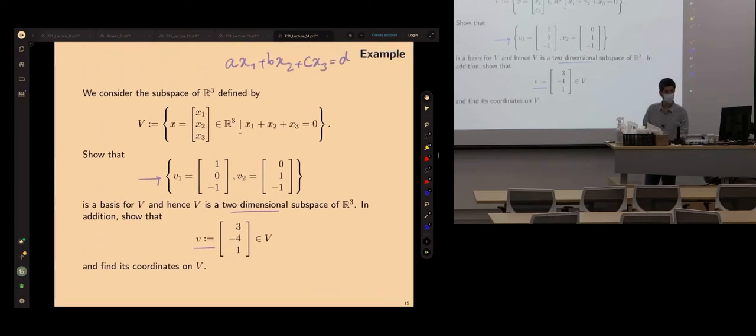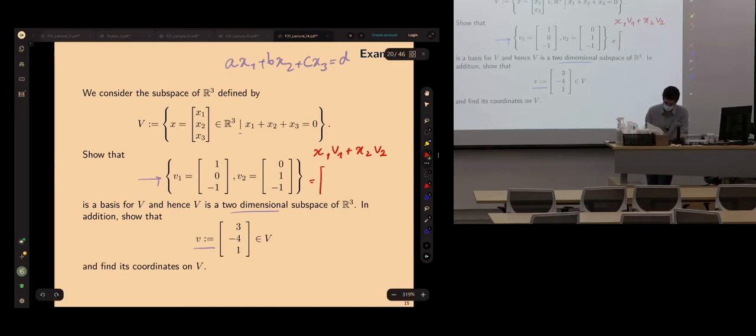Now, what you don't see there is V1 and V2. x1 V1 plus x2 V2, right? Should have added them to remind you. Is x1, x2, minus x1 plus x2.